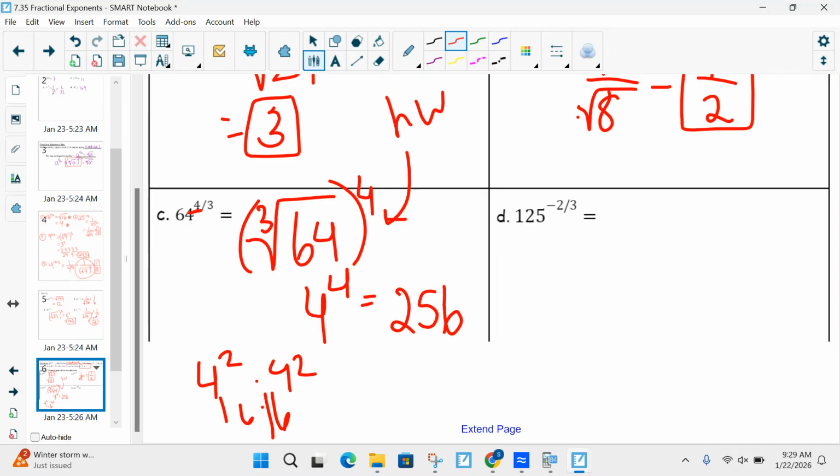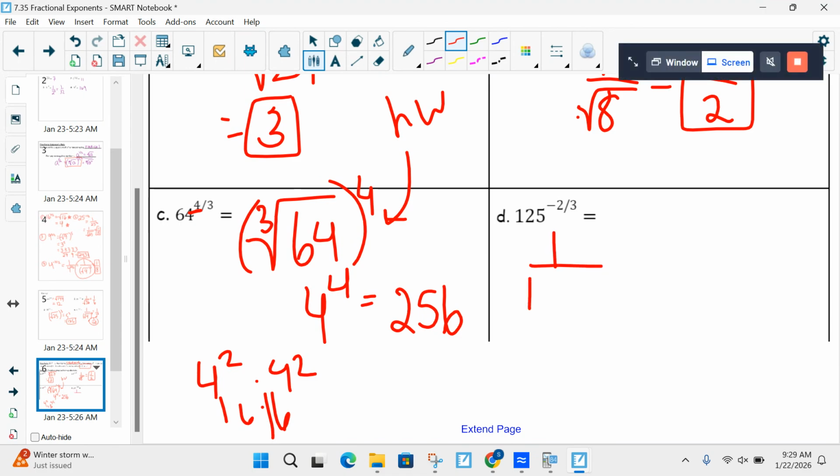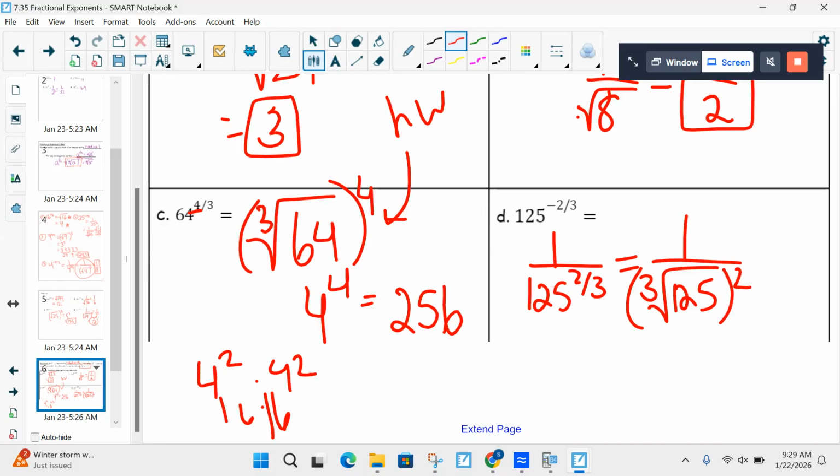Okay, part D, a negative exponent means we're going to flip it. So 1 over 125 to the 2/3 power, and that means 1 over the cube root of 125, but then we have to square it because the exponent is 2. So the denominator is the root, the numerator is the exponent.